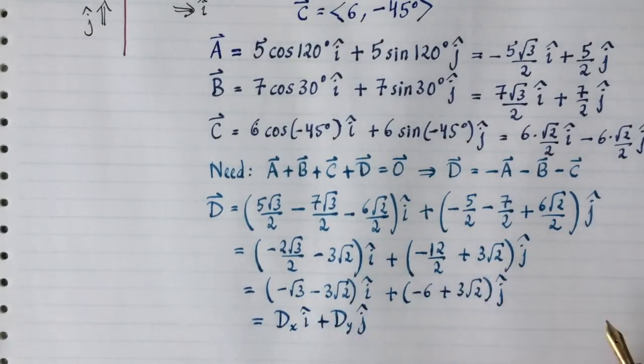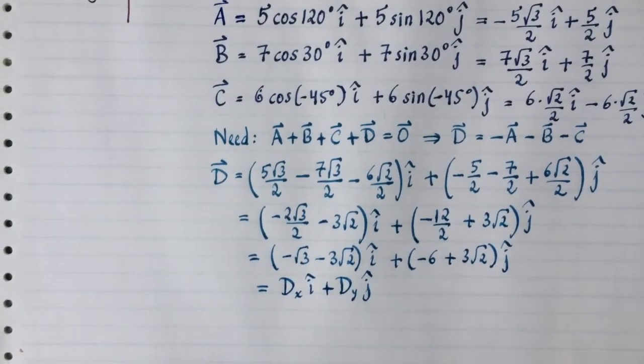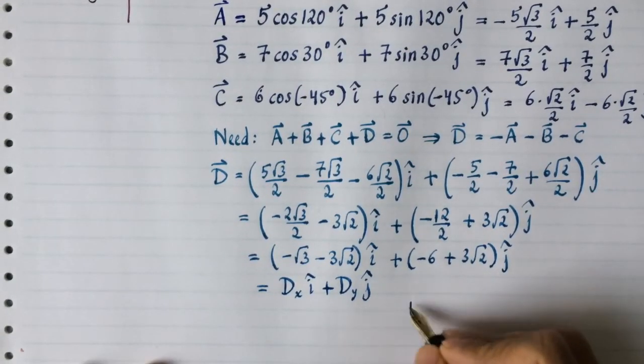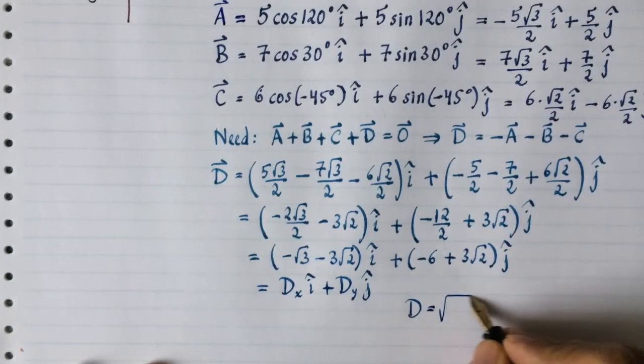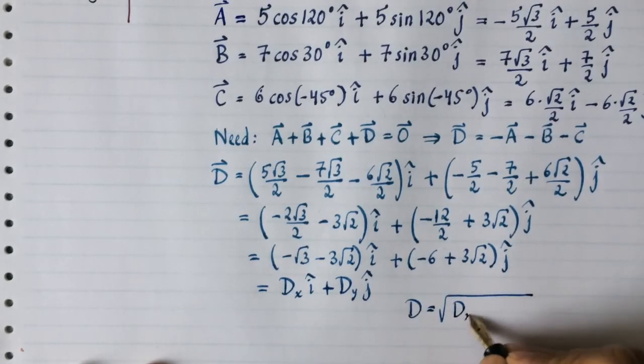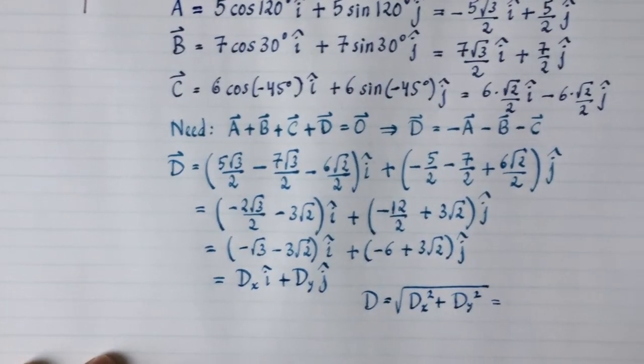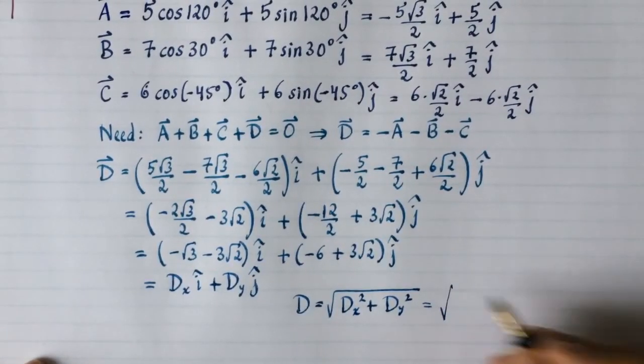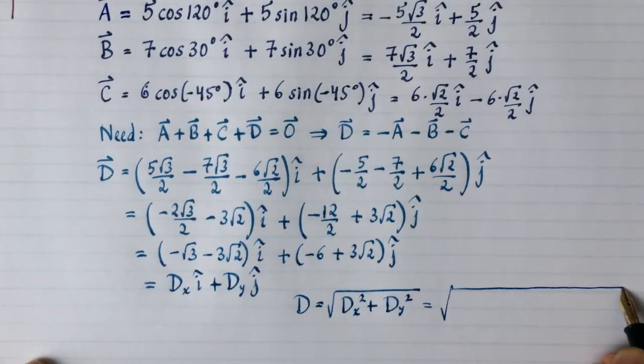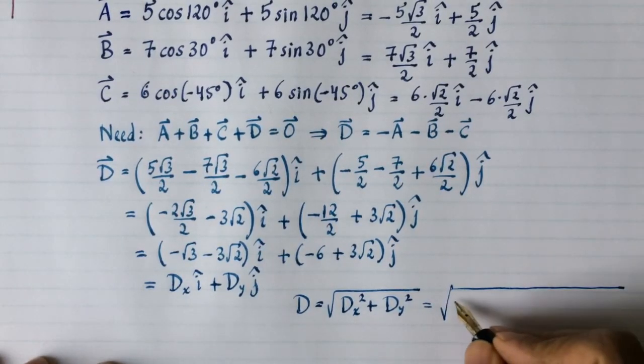Now, by the Pythagorean theorem, we know that the magnitude is just going to be the square root of dx squared plus dy squared. So let's figure that out first. At some point I'll have to break down and use a calculator.